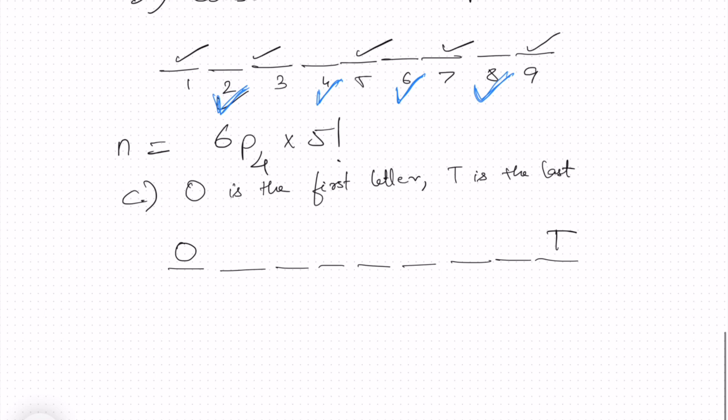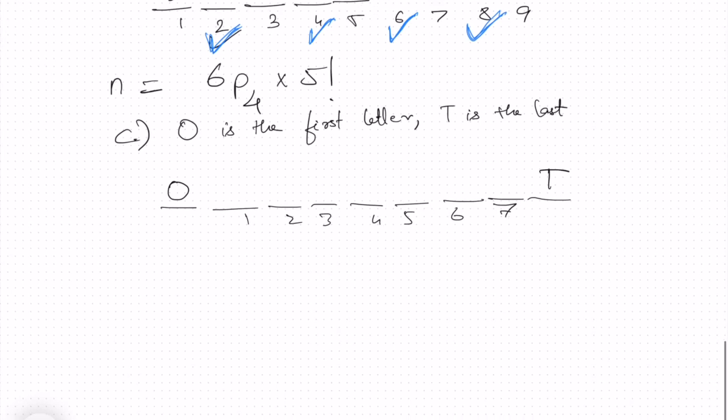O and T placed. Now A, L, G, O, R, I, T, H, M. I've used up O and I've used up T. I've used up 2 out of 9 letters. So I have 7 letters remaining, and I have to place them in 7 places. 1, 2, 3, 4, 5, 6, 7. So the number of ways I can do that is 7P7. Answer is 7P7 equal to 7 factorial.